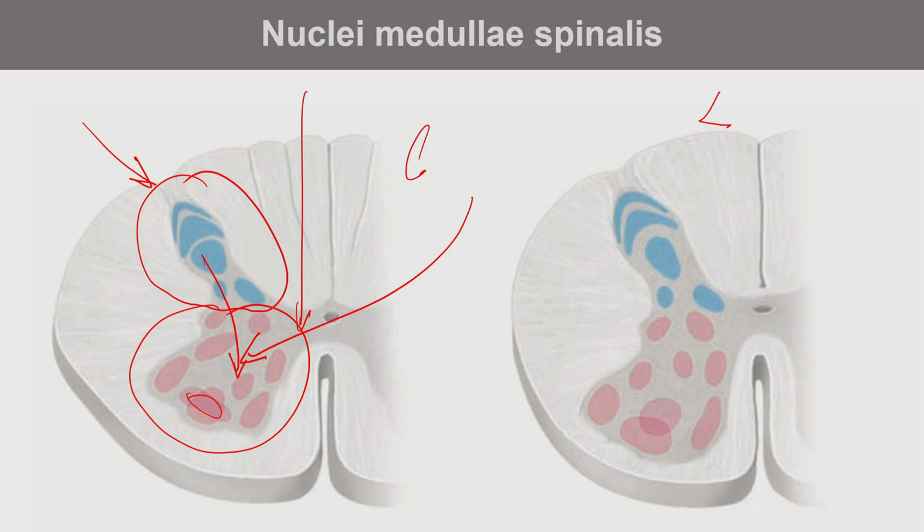But also they could assemble the information and they are modulated from upper and lower segments. So remember that the anterior part is motor, dorsal is sensory.